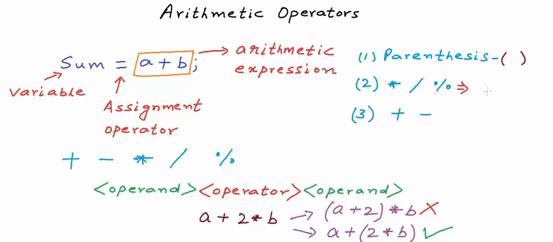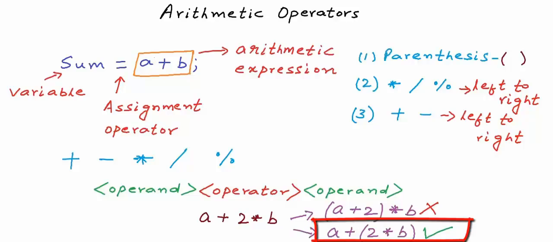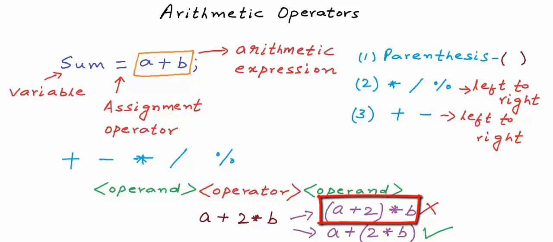If there are 2 operators of the same priority, then they are executed from left to right. By the expression a + 2 * b, what we implicitly mean is a plus, and then 2 * b within parentheses. If we want the addition to be performed first, then we must put parentheses explicitly. We should actually write the expression like this.